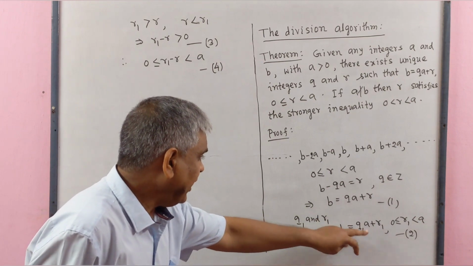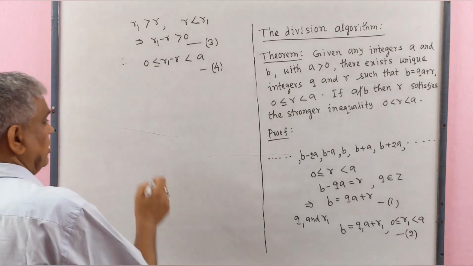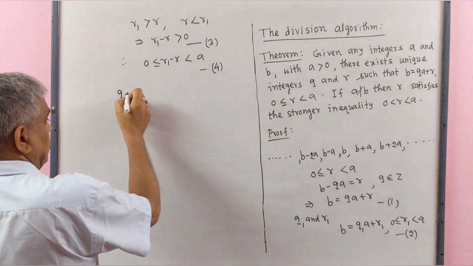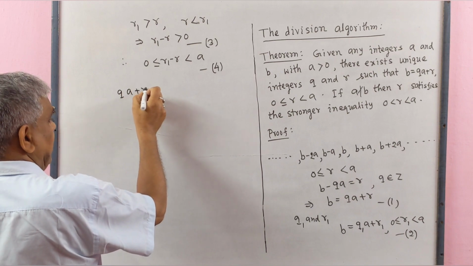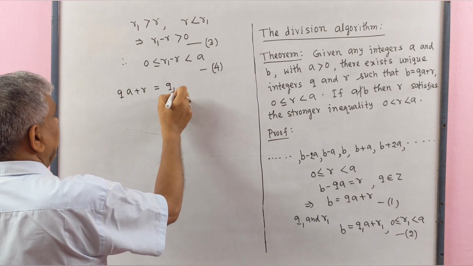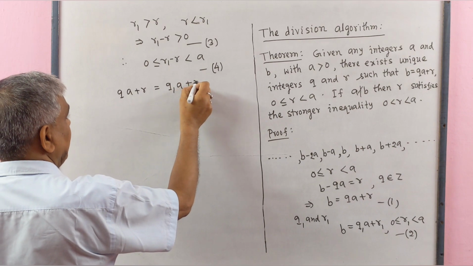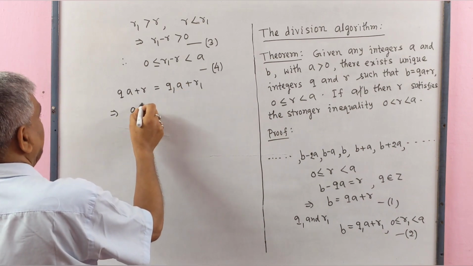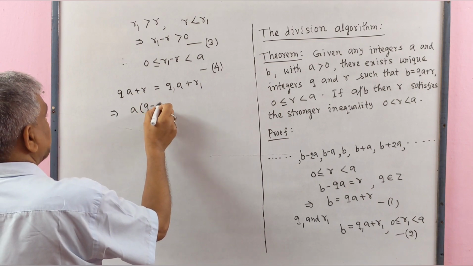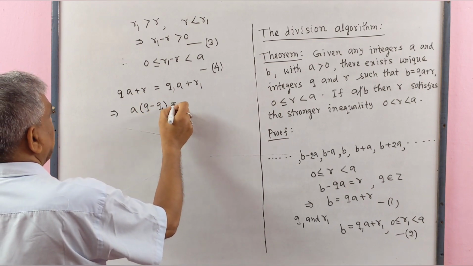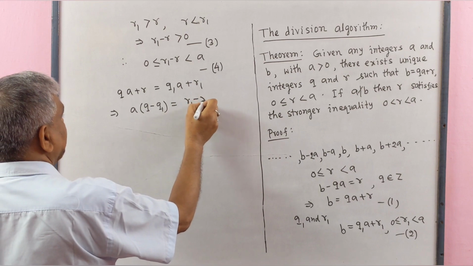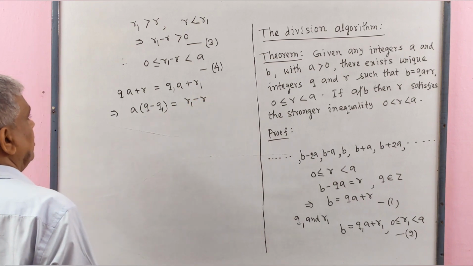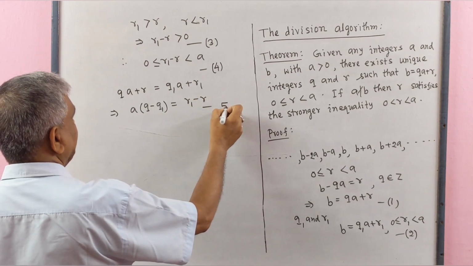From 1 and 2 we get QA plus r equal to Q1A plus r1, which implies that A times (Q minus Q1) equal to r1 minus r. Let this be number 5.